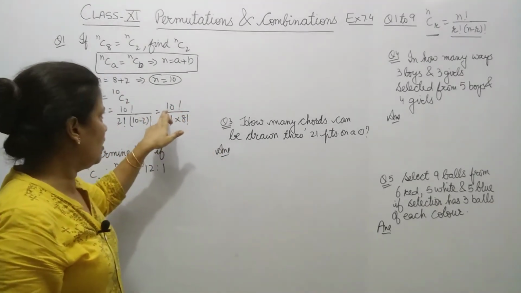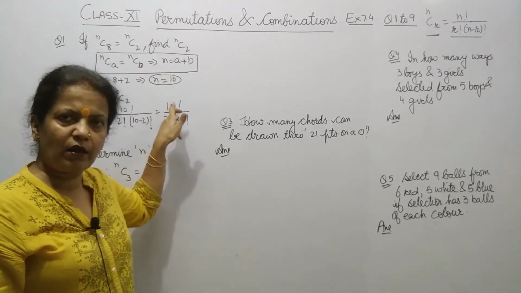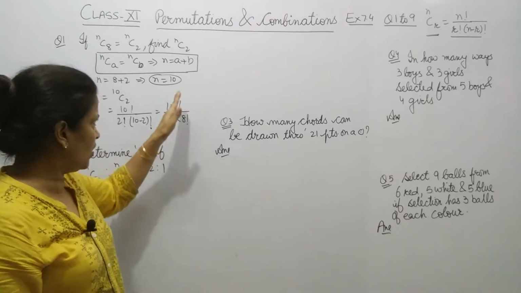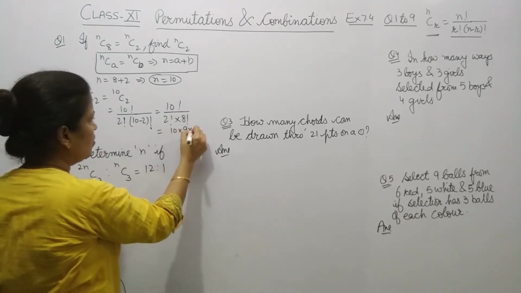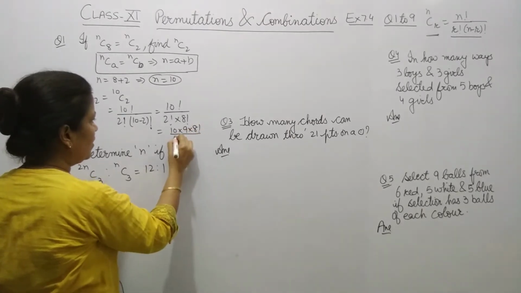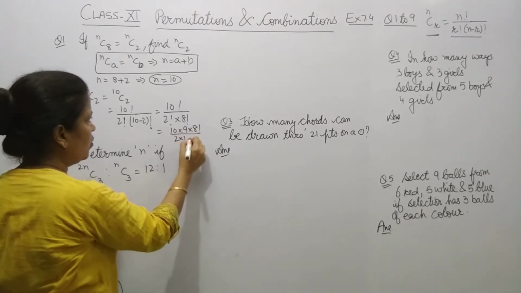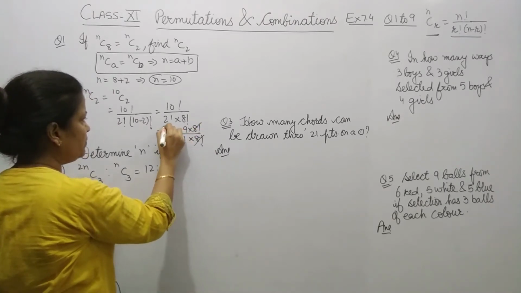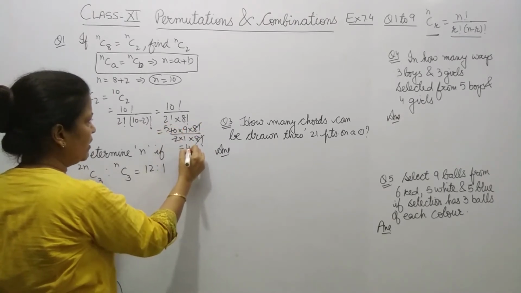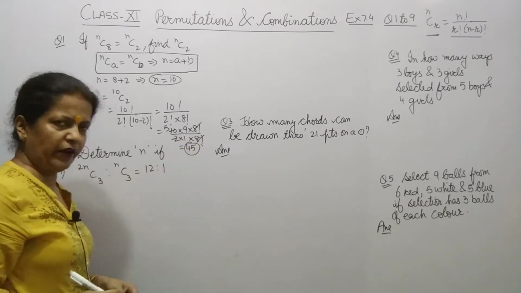For 10 factorial, you can write it as 10 into 9 into 8 factorial. The lower one is 2 into 1 into 8 factorial. The 8 factorial will be cancelled out and you will get the answer as 45.